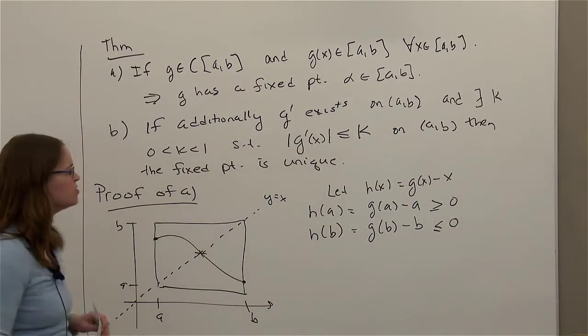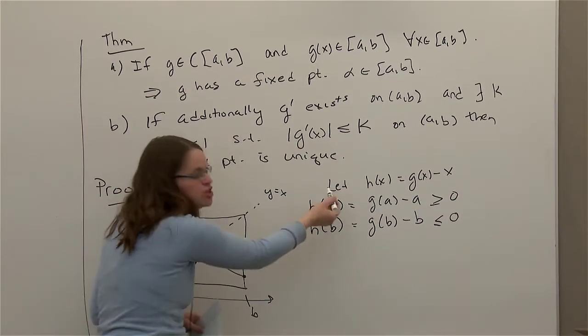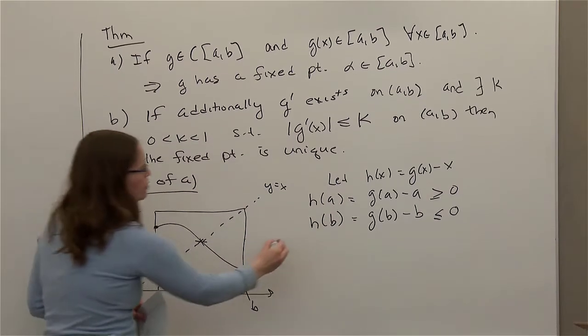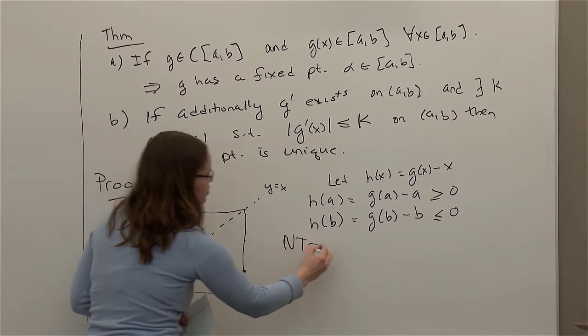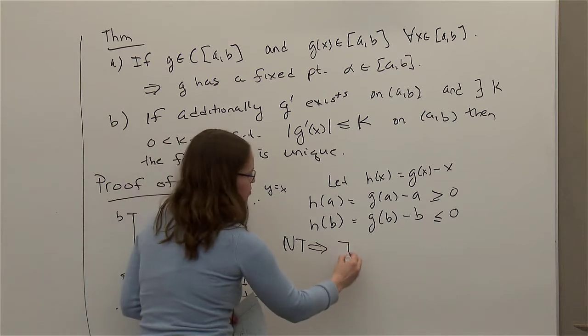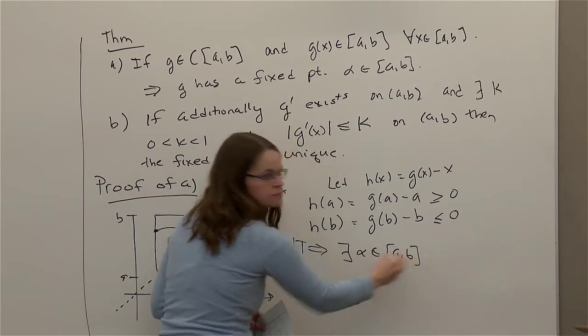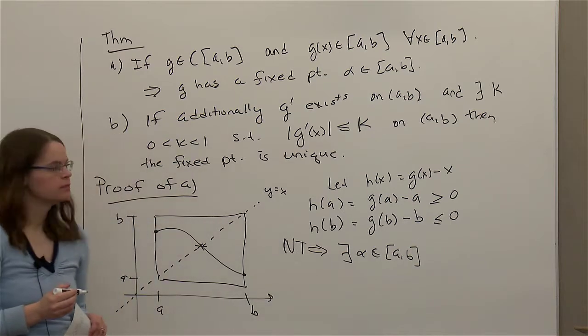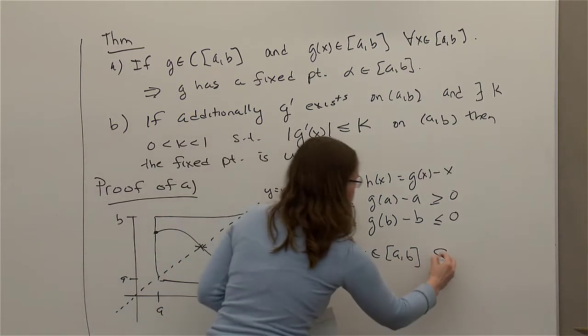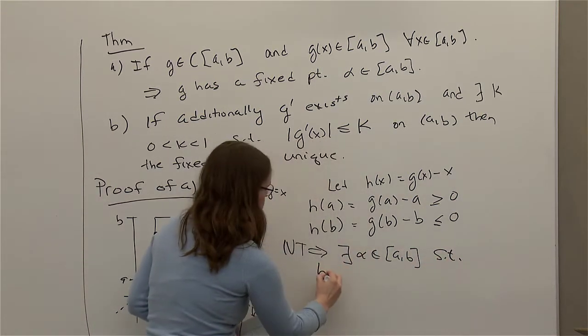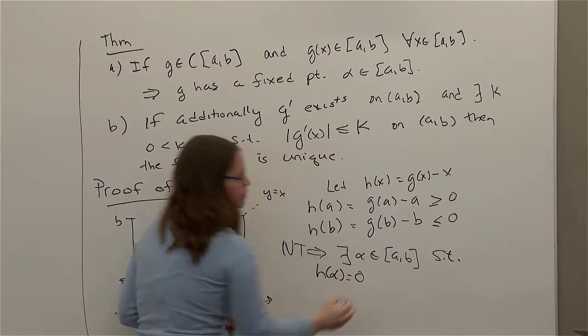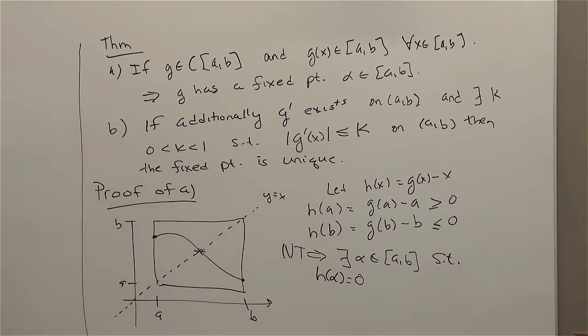G is continuous, which means h is continuous. So the intermediate value theorem is going to say, well, there exists some value alpha in here, such that h of alpha hits 0.